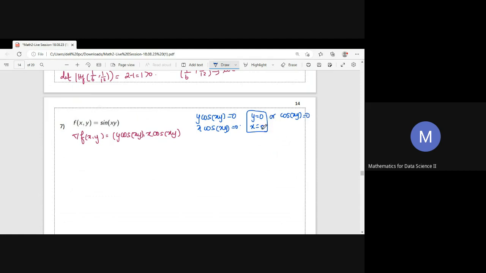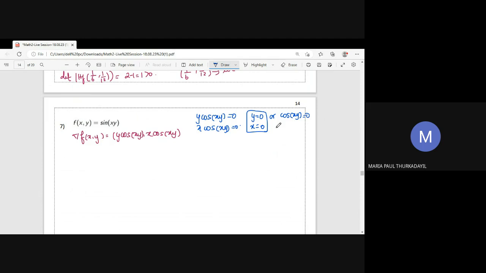You cannot have x equal to 0 and cos xy equal to 0 together. Why is that so? Because cos 0 will become 1. So it is either this case or this case, and we cannot combine both these conditions.